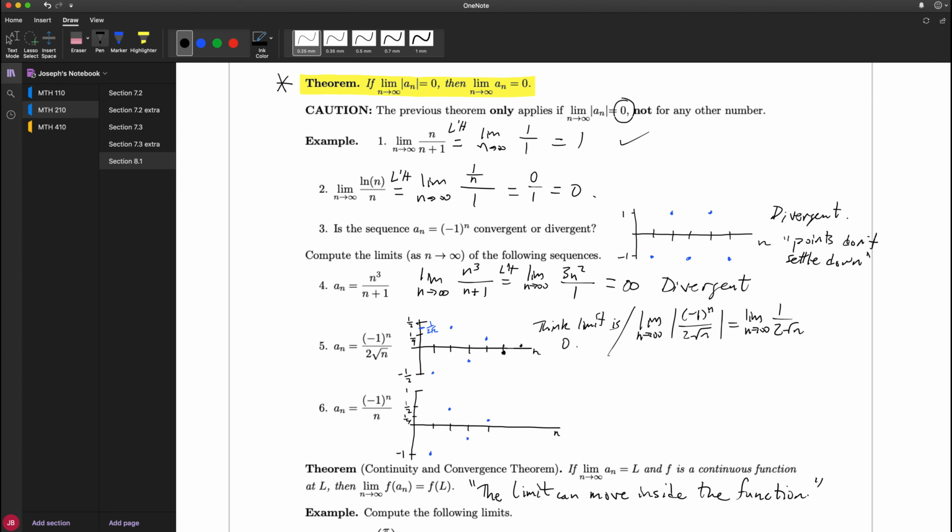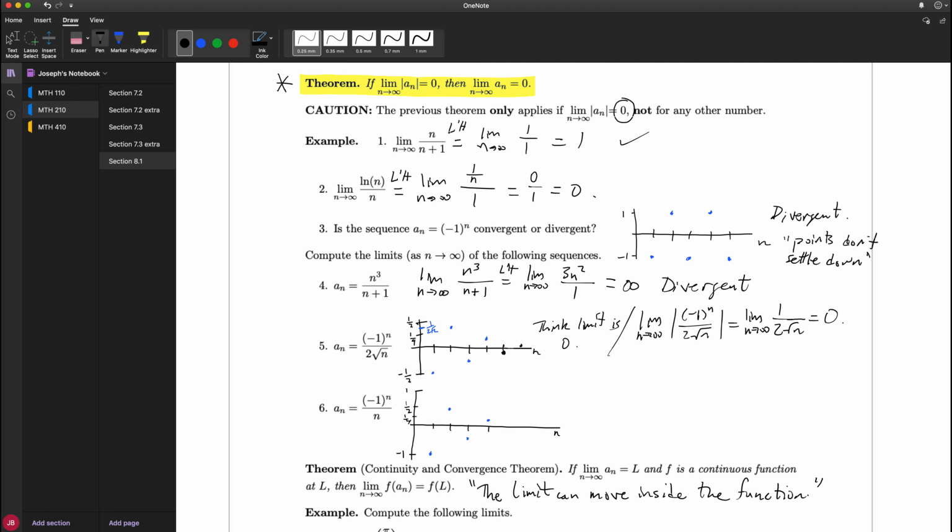Because if n is even, then this is already 1 in the numerator anyway, and the absolute value doesn't do anything. But if n is odd, you get a -1 in the numerator, but the absolute value will turn that to a positive, right? So the absolute value kills the alternating part, and you just get this sequence here after doing the absolute value. And as n becomes large, you get 1 over very large numbers, which goes to 0.